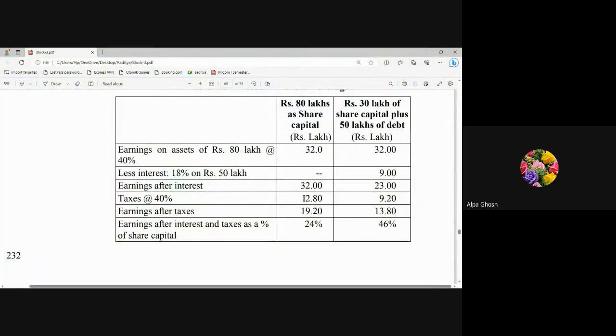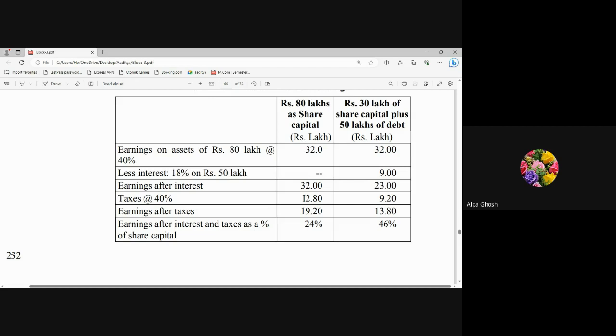So 19.20 earnings after taxes is to be distributed amongst 80 lakh share capital. When you compare this 19.20 with 80 lakhs, the percentage is only 24%. It is 19.20 divided by 80 lakhs multiplied by 100. You will get the answer 24%.